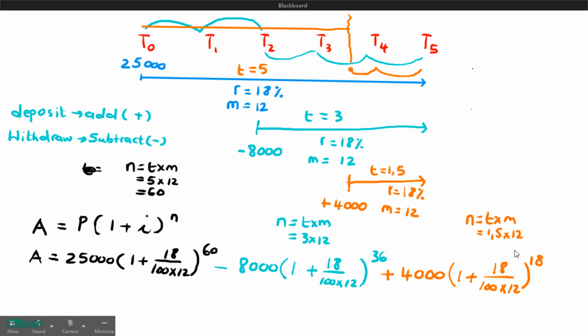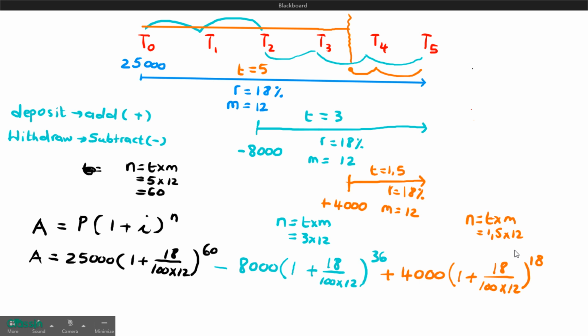The whole sum: 25,000 open bracket 1 plus 18 over 100 multiplied by 12 close bracket exponent of 60, minus 8,000 open bracket 1 plus 18 over 100 multiplied by 12 close bracket exponent of 36, plus 4,000 open bracket 1 plus 18 over 100 multiplied by 12 close bracket exponent of 18.